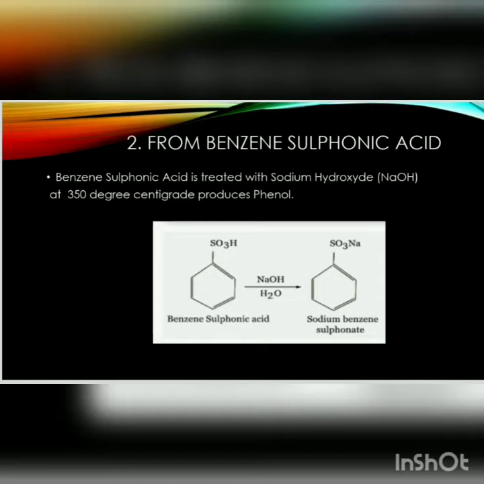In the second step, after hydrolysis, we get phenol, that is phenyl group attached with the OH group. So first step is benzene sulfonic acid reacts with sodium hydroxide, producing sodium benzene sulfonate. This sodium benzene sulfonate after hydrolysis produces phenol.